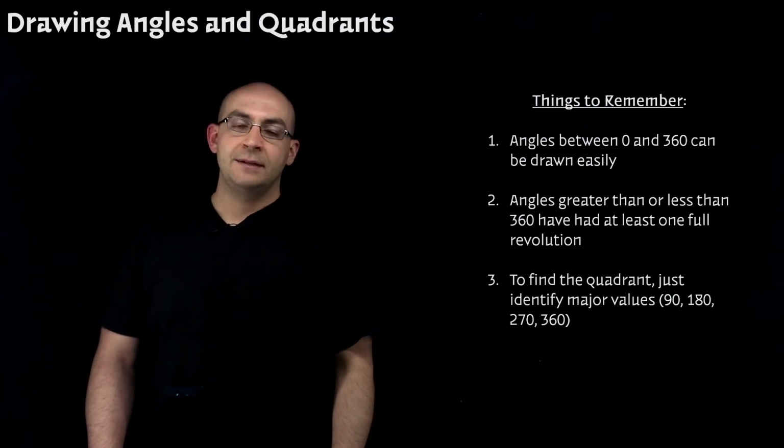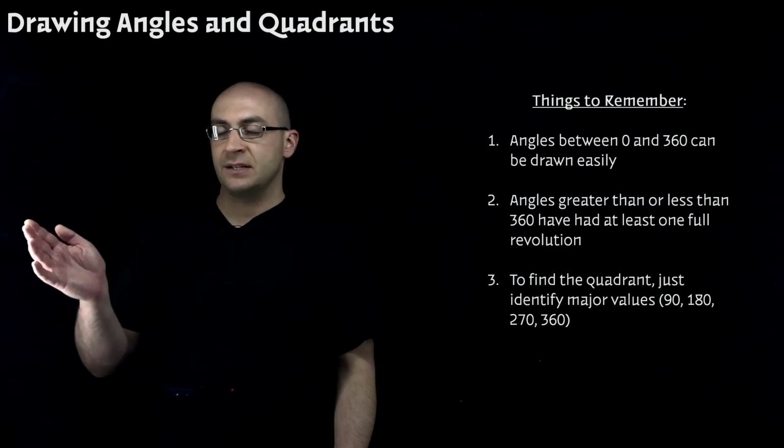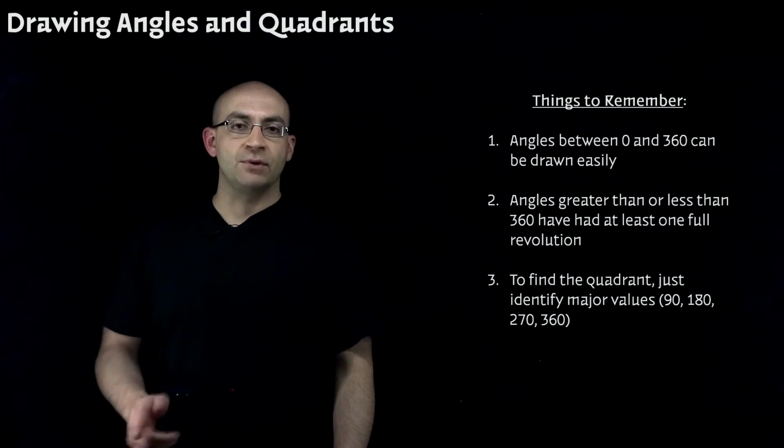Number 1, angles between 0 and 360 degrees are actually really easy to draw. More importantly, they're really easy to identify what quadrant the terminal side lands in. Number 2, angles greater than or less than 360. So we're talking about angles that are bigger on the positive side or smaller on the negative side. They had at least one full revolution.